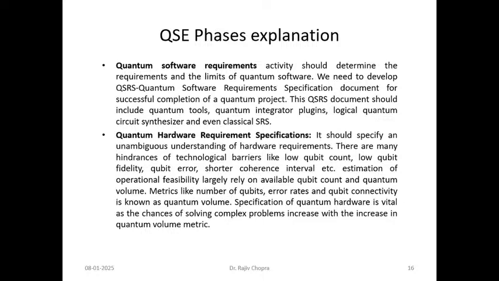Then quantum hardware requirements have to be there. They can include metrics like number of qubits, error rates, qubit connectivity. Together they are called quantum volume. All these are to be taken in as far as hardware is concerned, and you can write this in the hardware requirement specification document. Then design is also there.